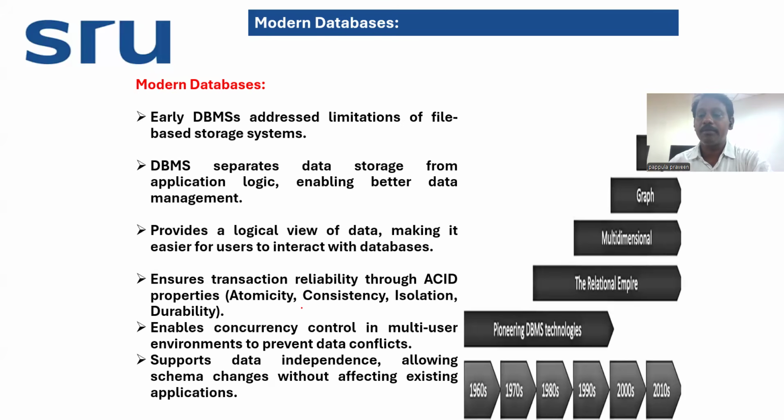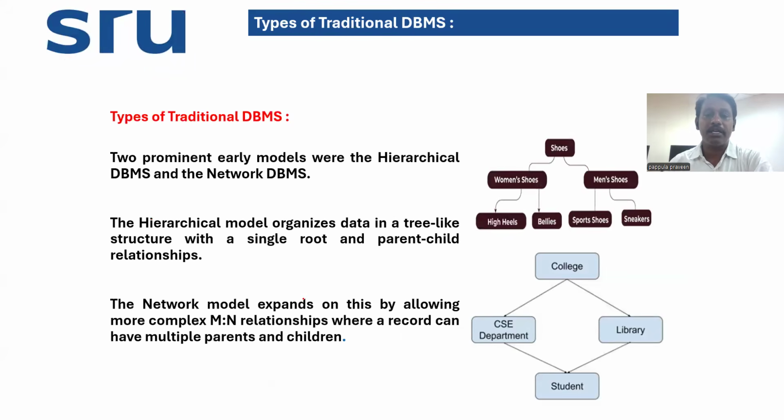DBMS technologies, relational databases, multidimensional databases, and in 2002 graphs, and presently from 2010 to nowadays, we are using NoSQL. These are all the modern databases and types of traditional databases.